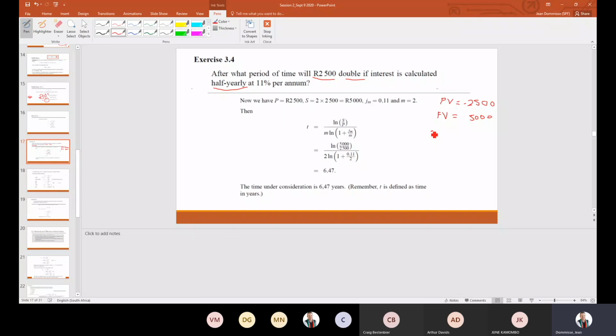So how many times per year? It is 2. What is your interest rate? The interest rate is 11%. So you can add that as well, 11%. And then you can actually calculate n.